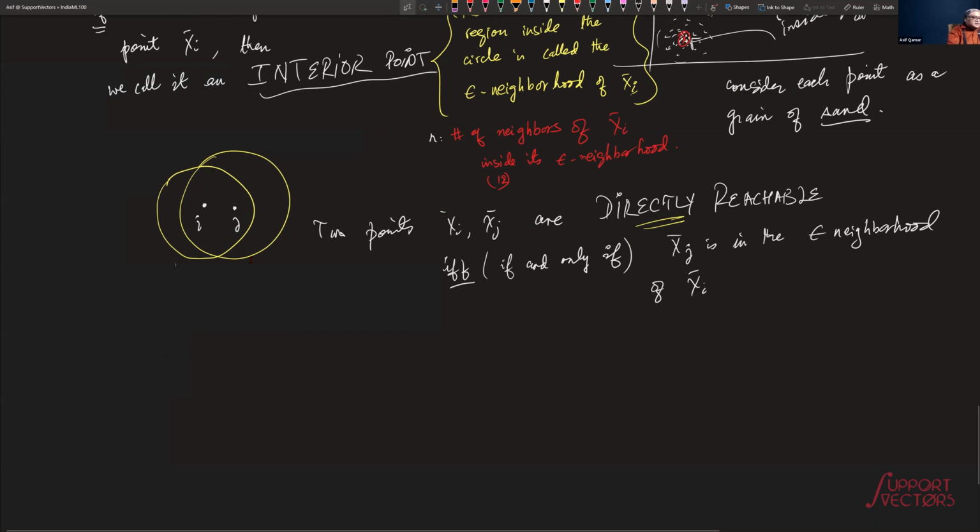Two points are reachable. The way they do it is an interesting definition.